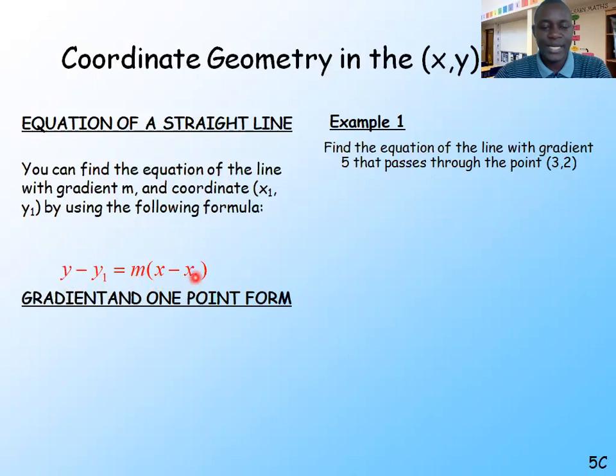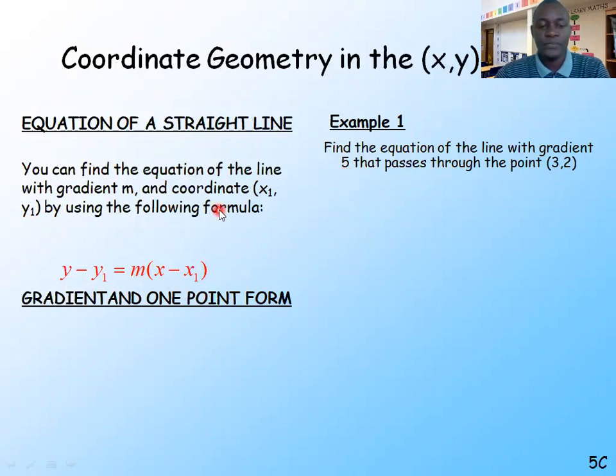The x1 and y1 represent the values in the coordinate point. For example, here we have a coordinate point given to us, 3, 2. So our x1 and y1 will always be the values of x and y in the coordinate point that will be given. We have said before that m represents our gradient or slope. So the m here represents the gradient or slope that will be given in any question.